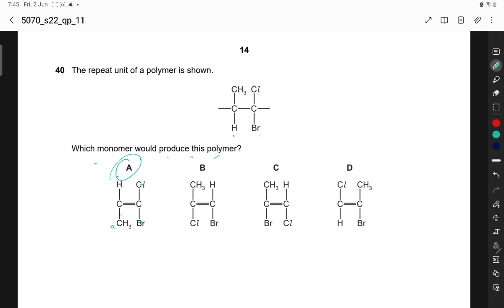CH3 is present on this side, it does not matter. So it must be present with this carbon atom, it must be bonded with it. It doesn't matter whether CH3 is placed above or hydrogen below. So A option must be correct.